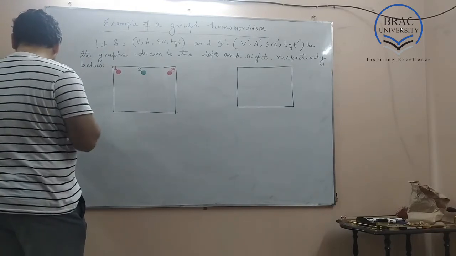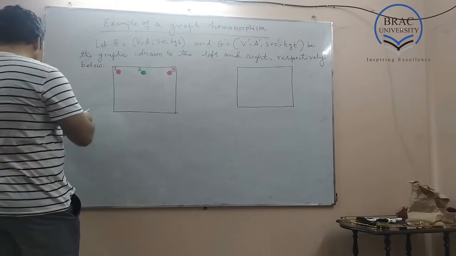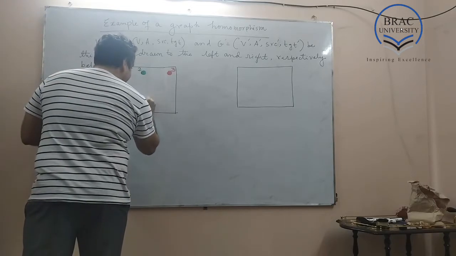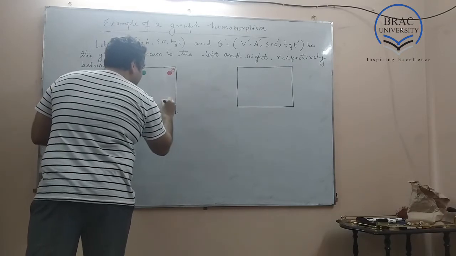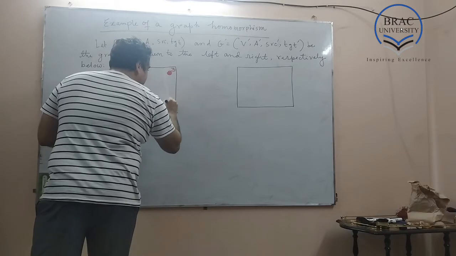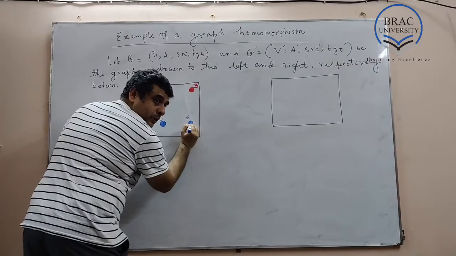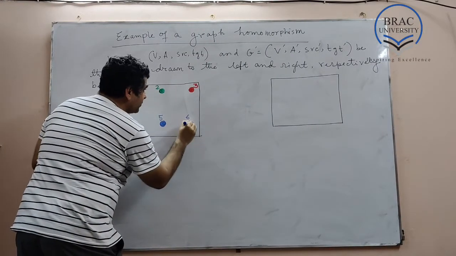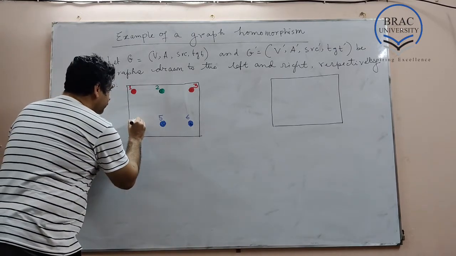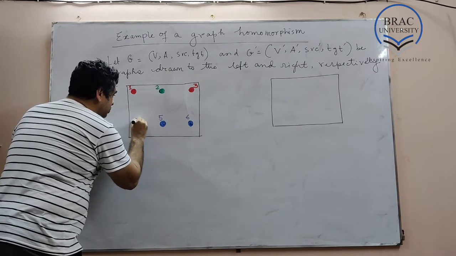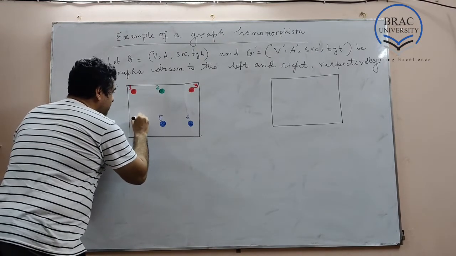And there are 2 blue vertices, 5 and 6. And there is a black vertex labeled as 4.